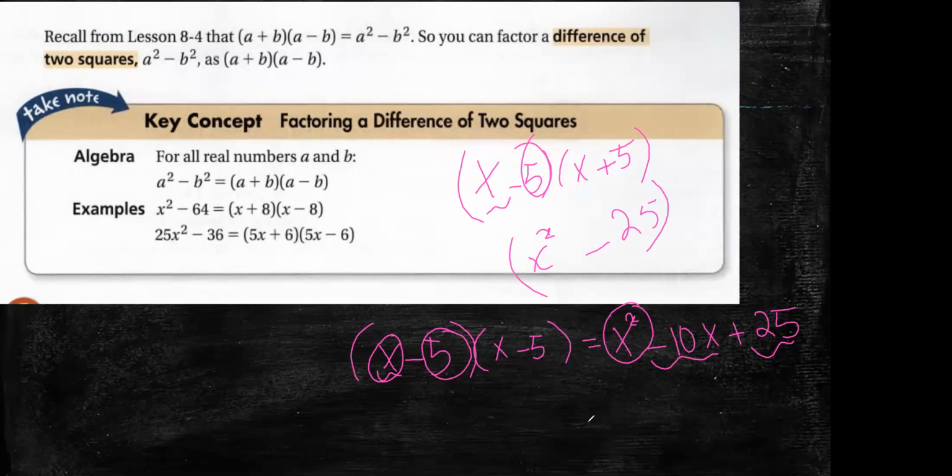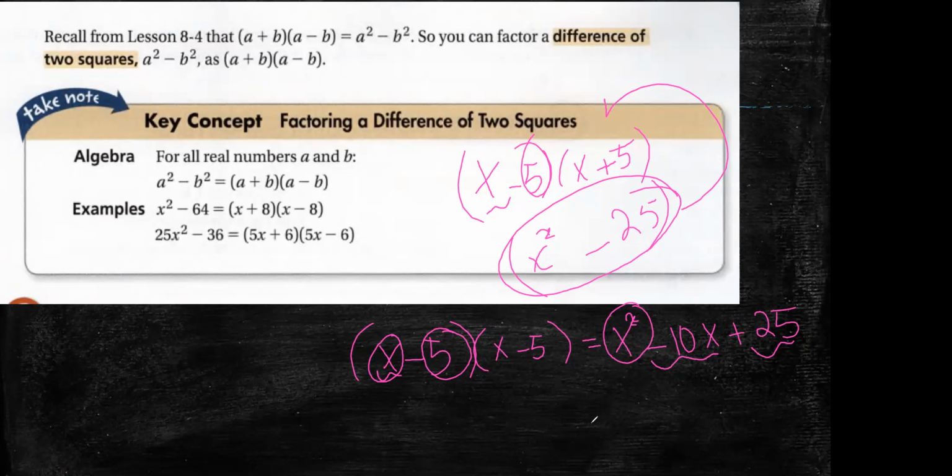In lesson 4, we learned how to multiply x minus 5 times x plus 5. You will get x squared minus 25. In this lesson, I will do the reverse step. If you have x squared minus 25, how can we write the pair of factors of it?